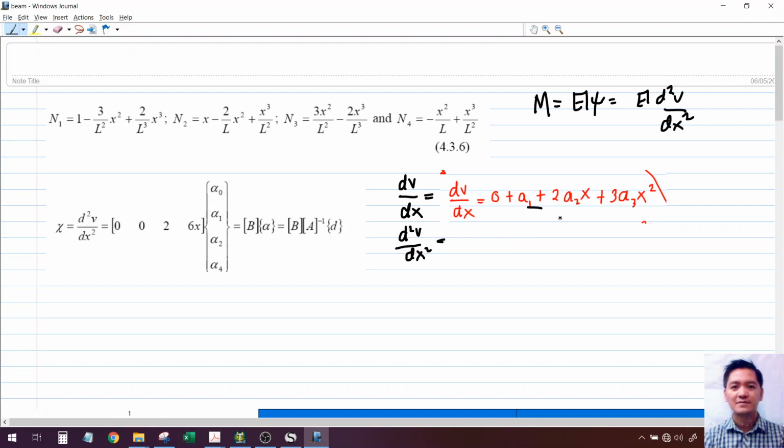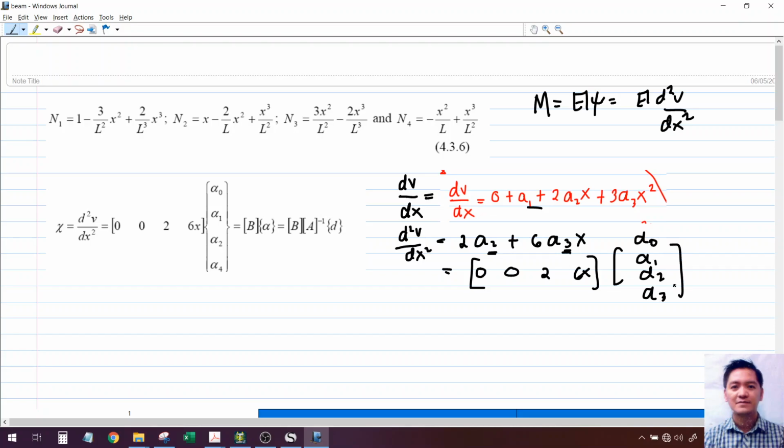So, derivative of this. So, what's that? 2 alpha 2 plus 6 alpha 3 x. Okay? Or in matrix form, so ang natira is alpha 2 and alpha 3. So, 0 ang alpha naught, 0 ang alpha 1, 2 ang alpha 2, 6x ang alpha 3. So, is alpha naught, alpha 1, alpha 2, alpha 3. Okay? Which is consistent with this.